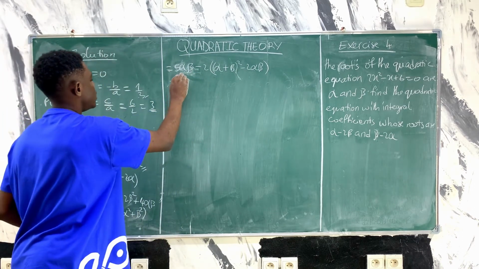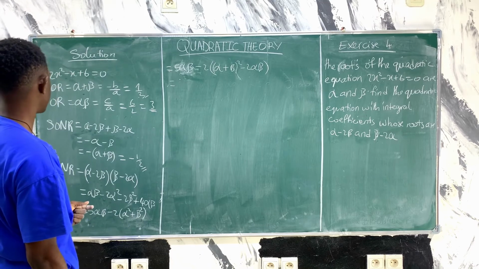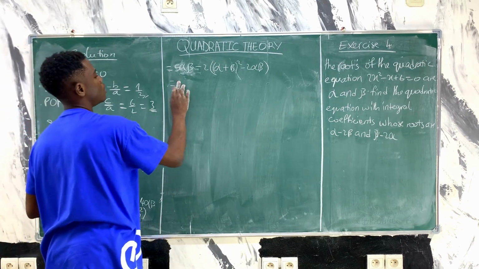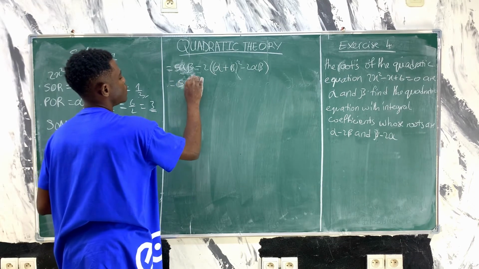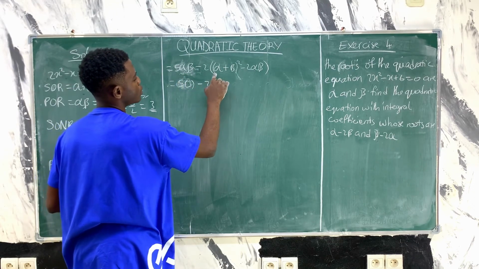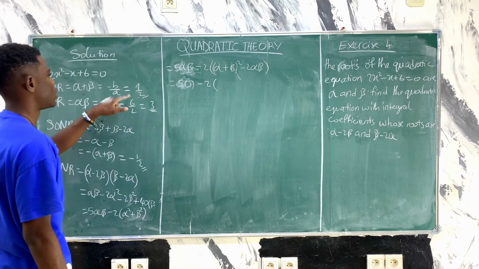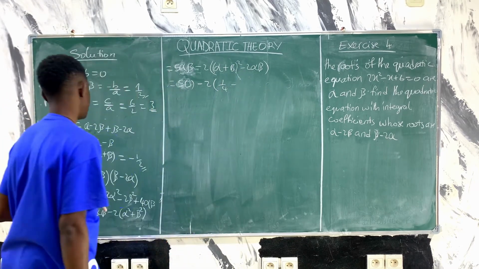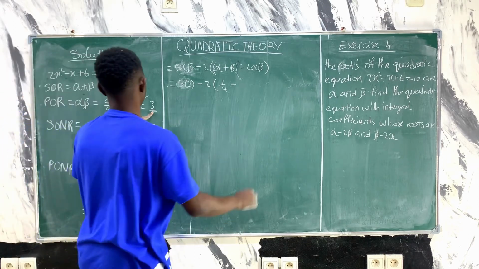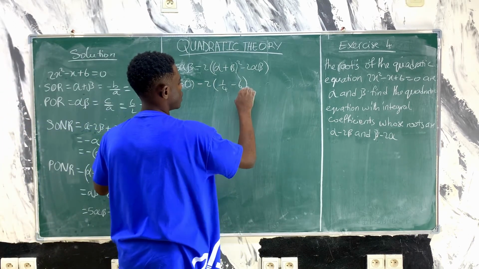That will be equal to 5 into alpha beta, so 5 times 3, minus 2 into alpha plus beta, which is half. Half squared is 1/4, minus 2 alpha beta. What is alpha beta? 3, so 2 times 3 is 6.